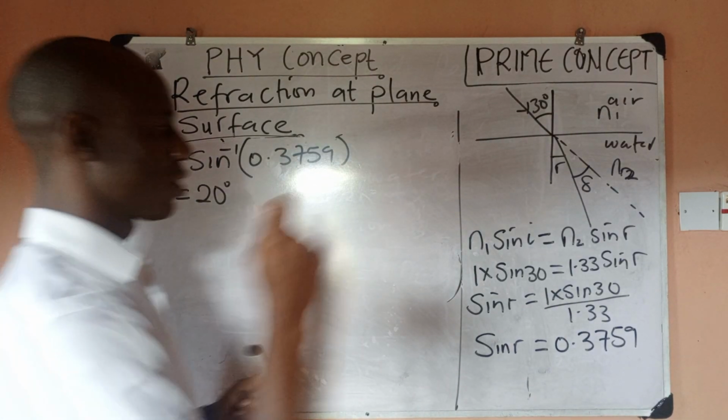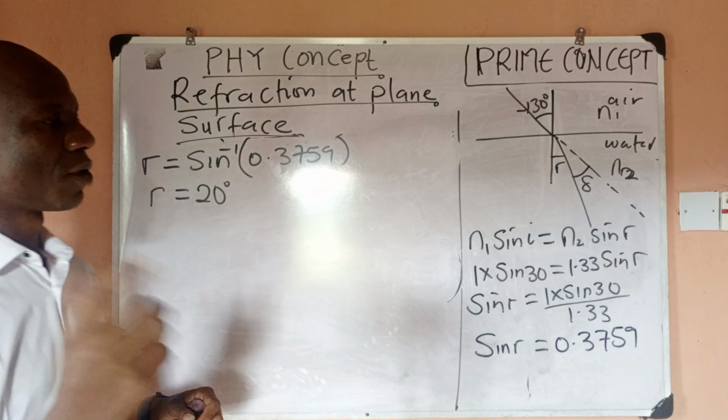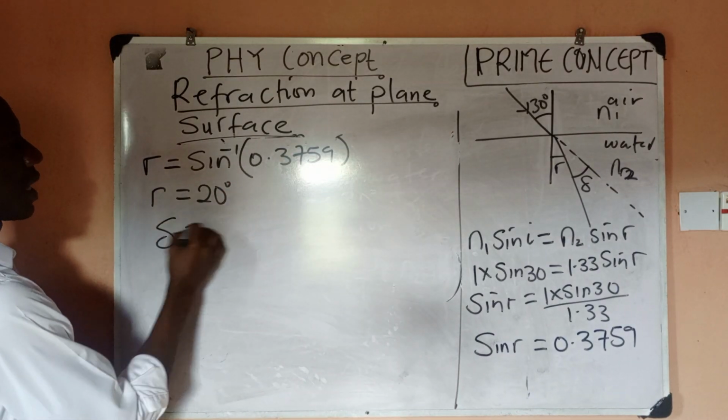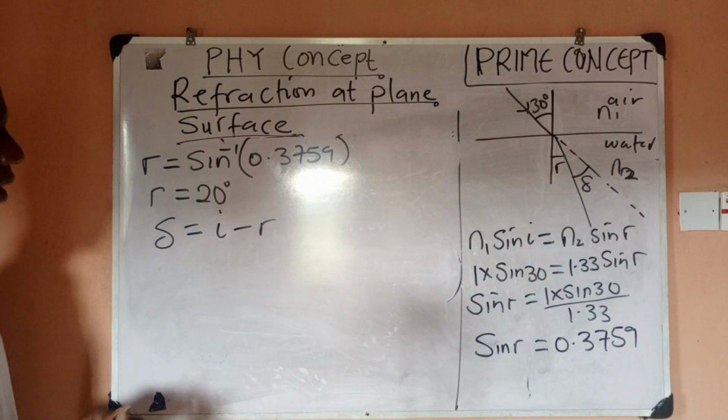Now, let's go back because we're trying to find the amount of deviation suffered by this ray. So if you recall, the formula I gave you here is simply delta, which is going to be I minus R. Go back and see it.